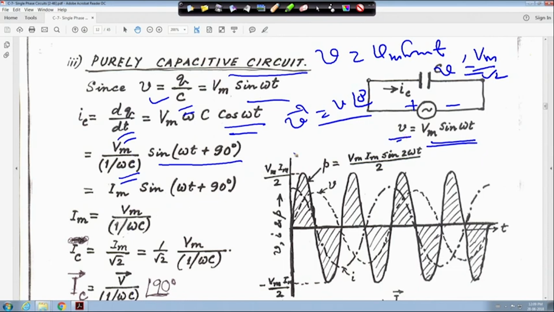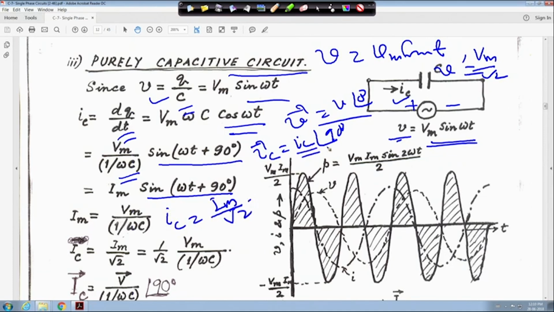So, in the current notation, this current is IC, we are writing IC. So, IC is equal to IC angle 90 degree because it is omega t plus 90 degree. Therefore, IC is equal to Im by root 2 because this is the RMS value.